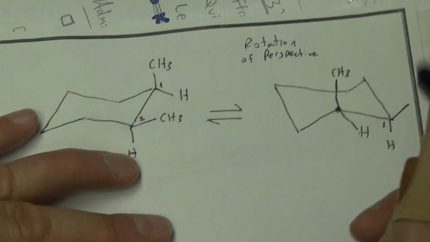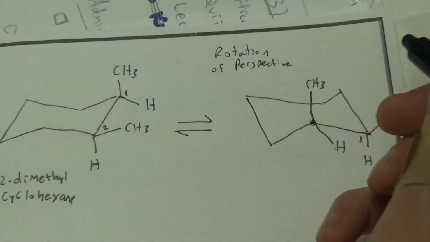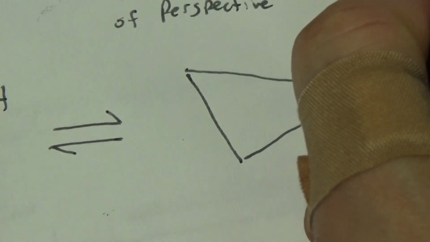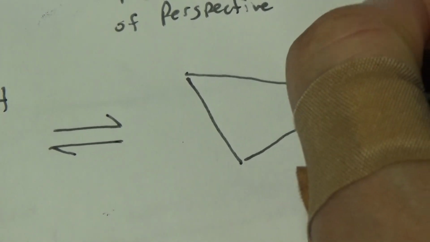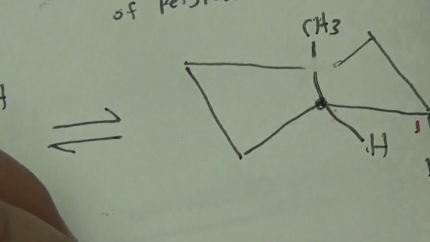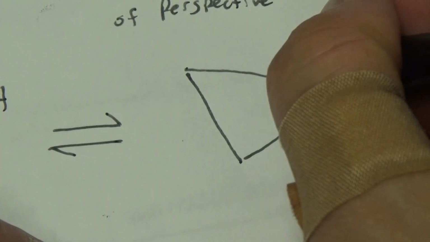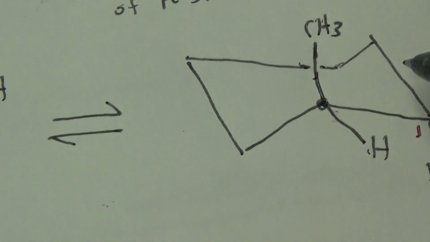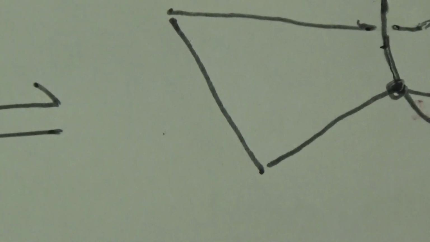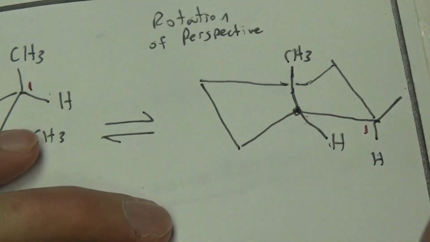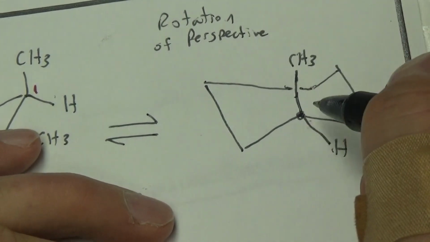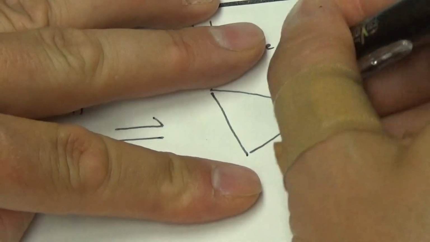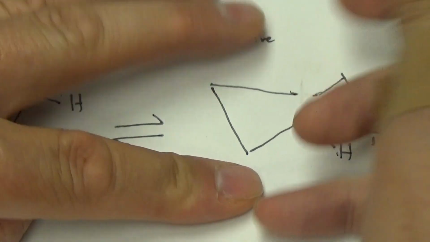To make this a little nicer, it might be useful if you get your eraser out and erase a little bit of the ring there. So the CH3 is very clear, and there's a little gap in the ring because it's in the background. That's how we suggest that. Anything else? My bond looks a little bent to the left. Let's fix up the bond, make it nice and straight up axial.